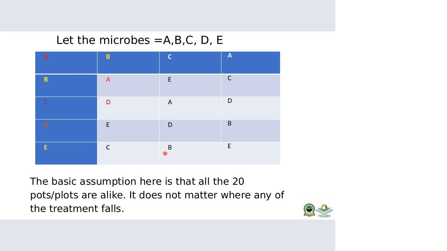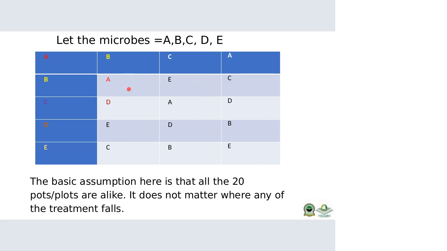Now, this is the layout. Consider all these A, B, C, D to be the microbes. We have A microbe, B, C, D microbe, and we have randomized them within this experimental unit or plot, as the case may be. Consider this to be field or experimental plots.